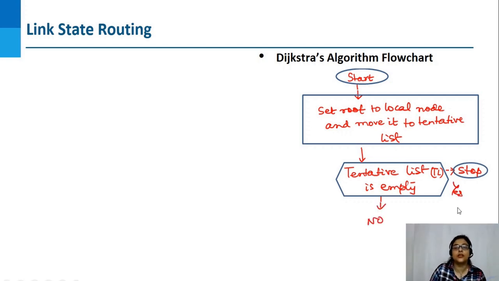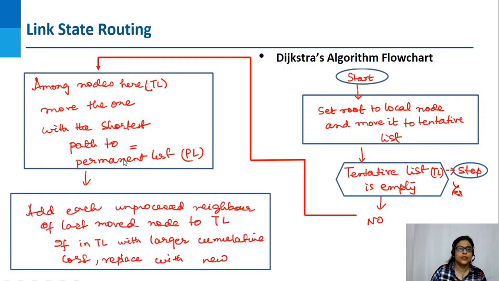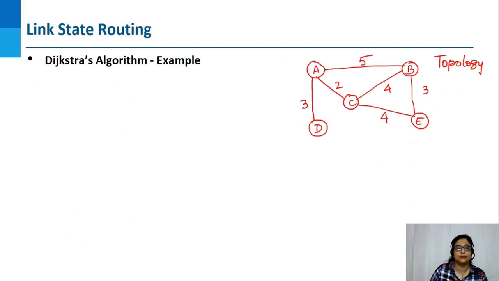But if it is not empty, then among the tentative list nodes, we have to move the one with the shortest path to the permanent list. And then we have to add each unprocessed neighbor of the last moved node to the tentative list. If it is in the tentative list with a larger cumulative cost, then we have to replace it with the new one.